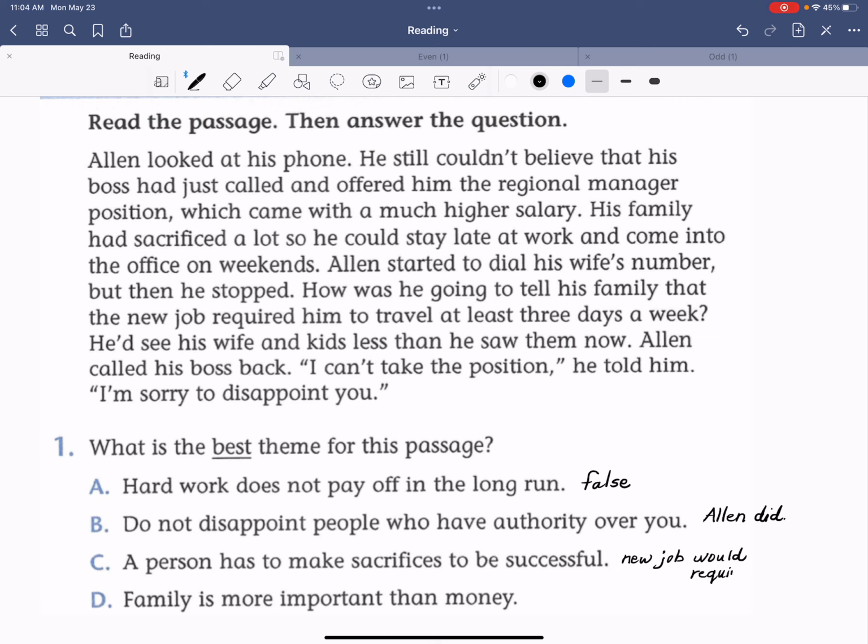Depends on how you define success. If you define it by money, yes, he would have more money, but he would have time away from his family. For Alan, family is more important than money. That was Alan's decision about success.